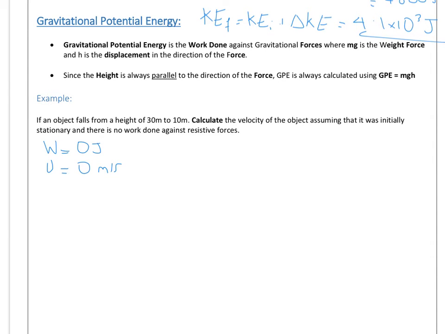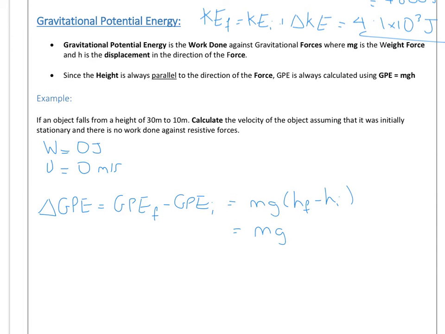First, let's calculate the change in gravitational potential energy. Remember, it's GPE final minus GPE initial. I'm going to factorize straight away because I showed you that earlier. So it's going to be mg times 20. You'll notice the question doesn't give you the mass, but you'll see in a second that we don't need it.